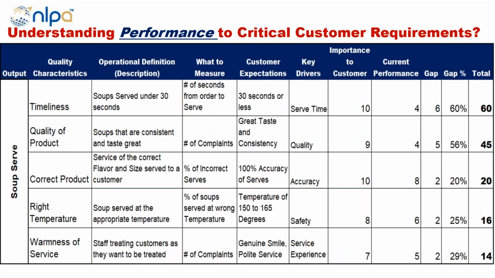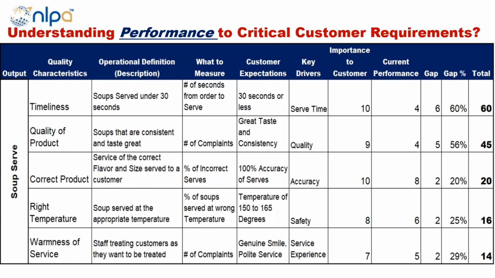So another way of looking at this now, extending this matrix out, the key is to reflect on our supply chain, on our processes, and see where we are, what our current state performance is relative to those critical customer requirements. What are the gaps?